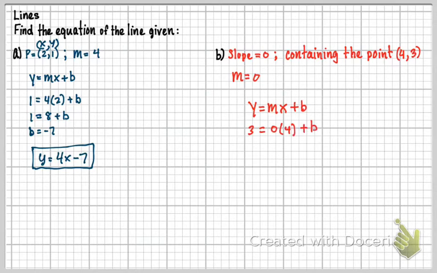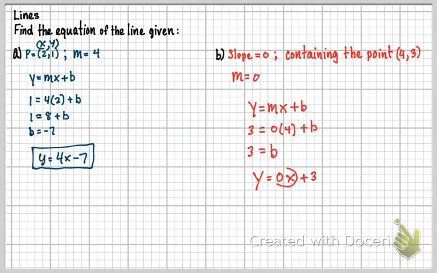And then I have plus b here. So this is really 3 equals, and this turns out to be a 0 here, plus b. So this means b equals 3. So my equation then is, my m is 0, so 0 times x, and then my b is plus 3.